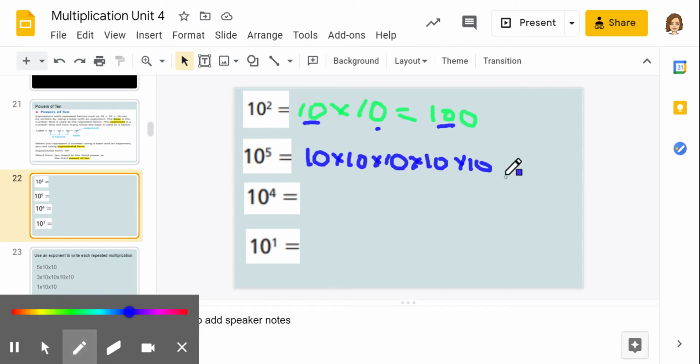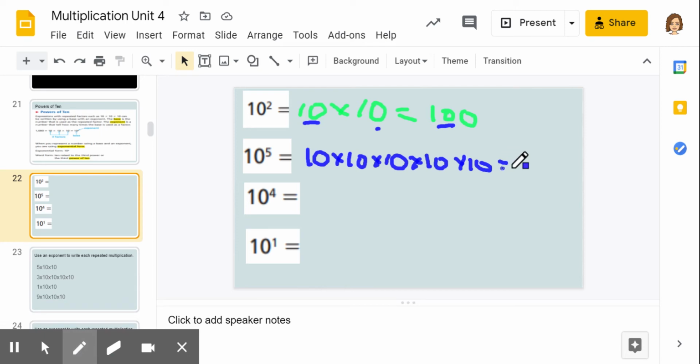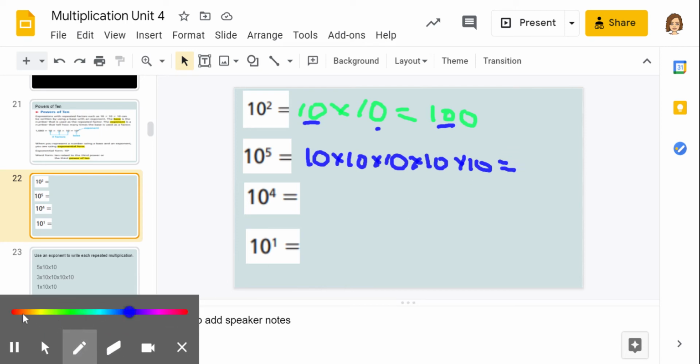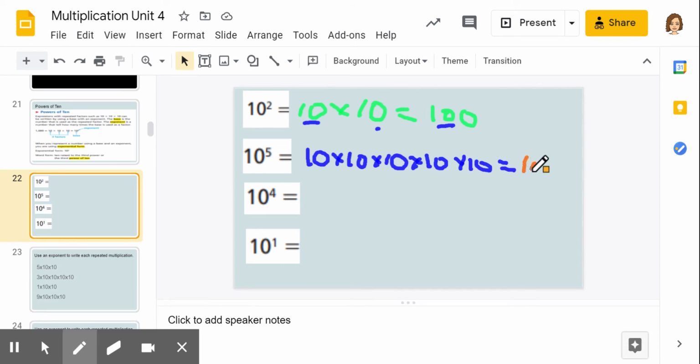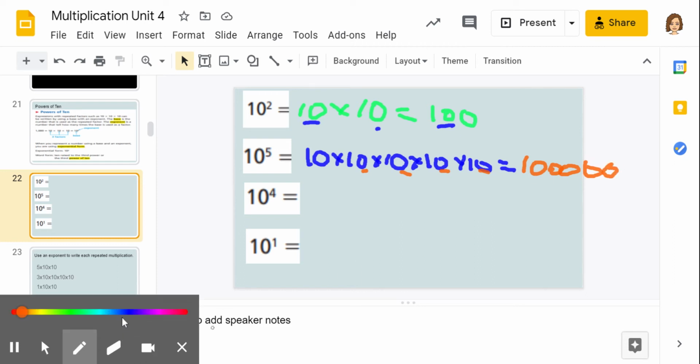All right, and so that equals, and if you're not sure, right, what do we do when we multiply by tens? We keep the number, so we keep a 10. And then how many more zeros do I need to add? 1, 2, 3, 4. So I'm going to add 4 more zeros. 1, 2, 3, 4.